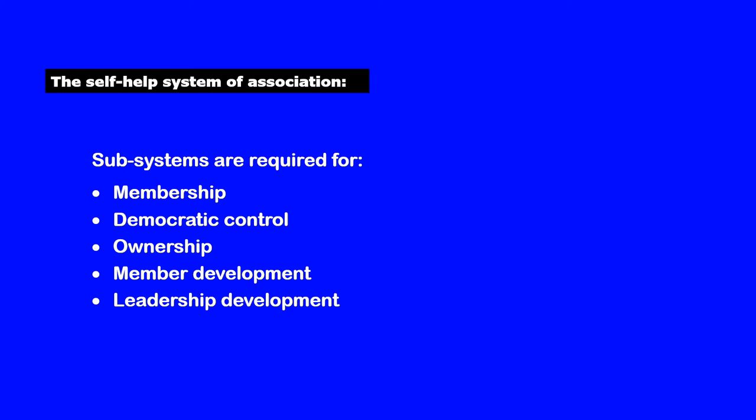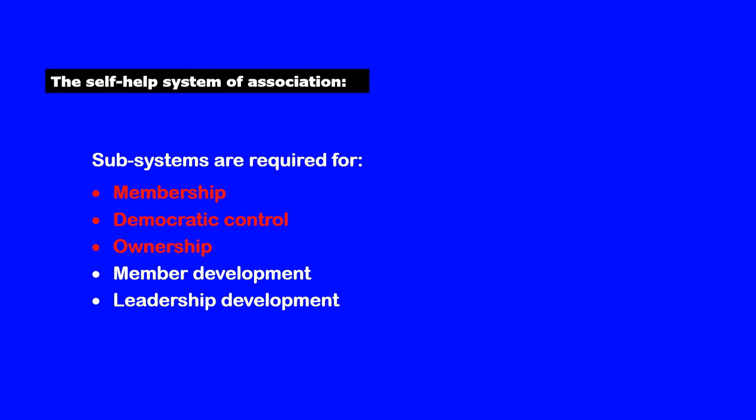The aim of the system of association in SHEs is to establish and sustain the community of interest, which must form the basis of the qualifications for membership. The system will also keep the enterprise under democratic control of its members and uphold the practice of mutual and beneficial ownership of the enterprise.